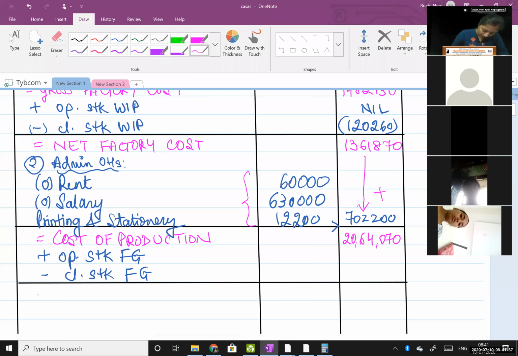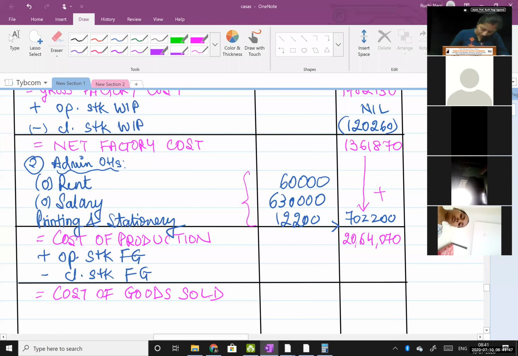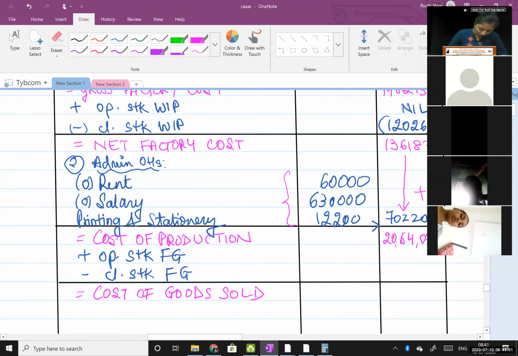This will give you cost of goods sold. Let me check how much is opening stock of finished goods.